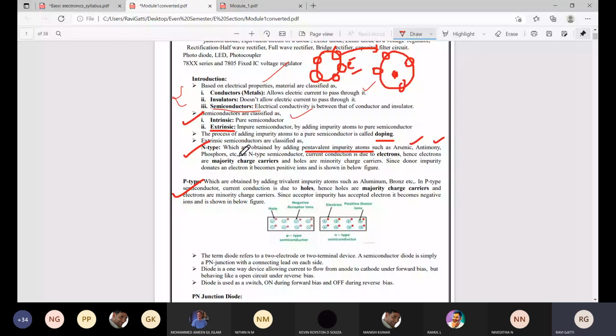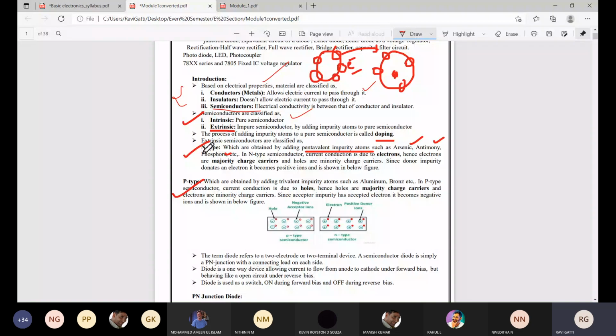If we add these pentavalent impurities to the semiconductors, then the conductivity will increase, and the majority carriers of electricity will be electrons. Therefore, they are called n-type material.